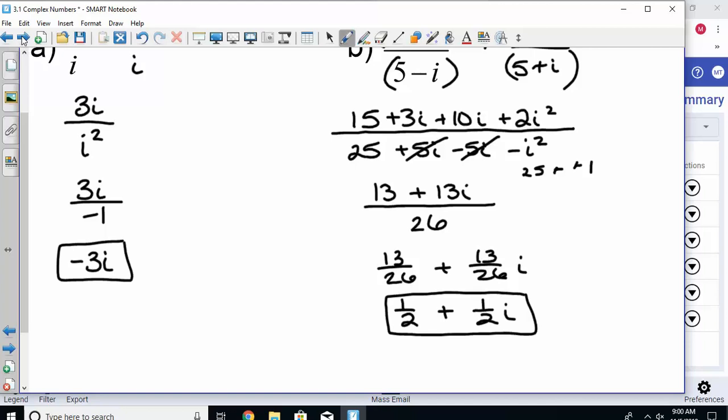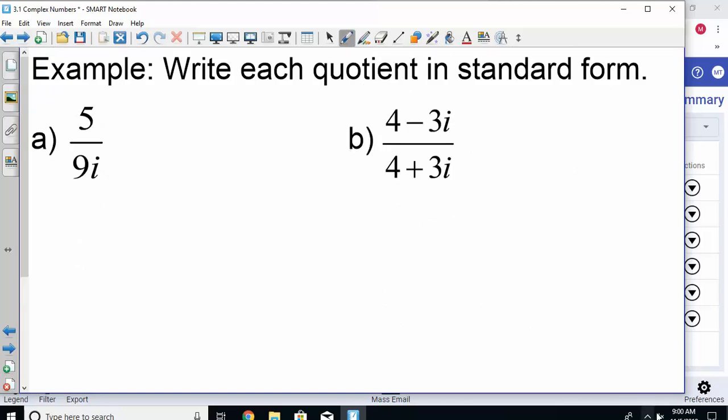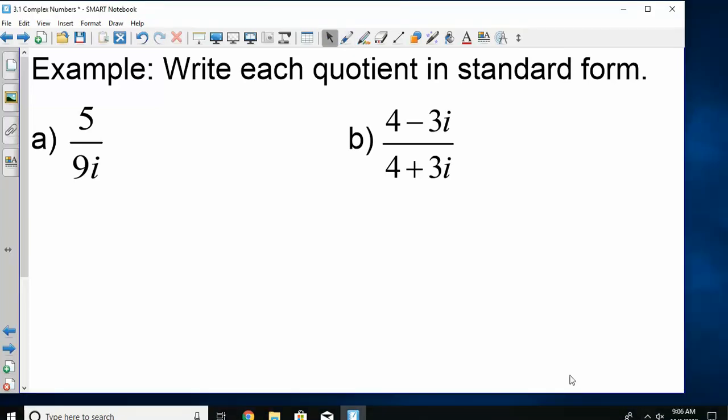I'm going to give you guys a couple. Multiply 9 by top and bottom. No. Somebody raise their hand. Okay.